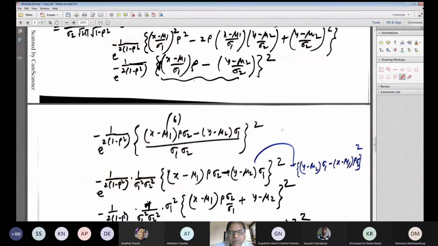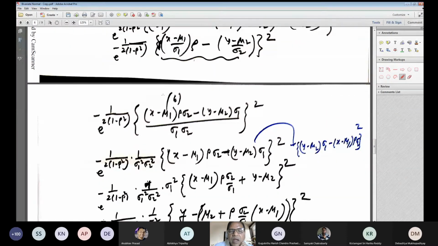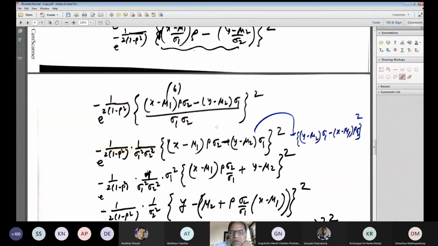So this bracket has been simplified here. Simplified means you take the sigma 1 sigma 2 and then x minus mu1 rho times sigma 2, y minus mu2 sigma 1. So this is the expression we have got.